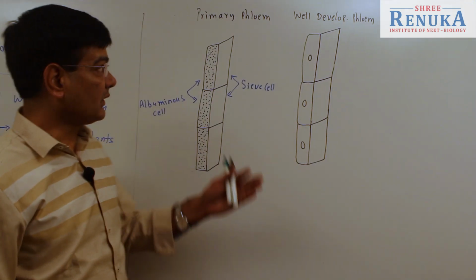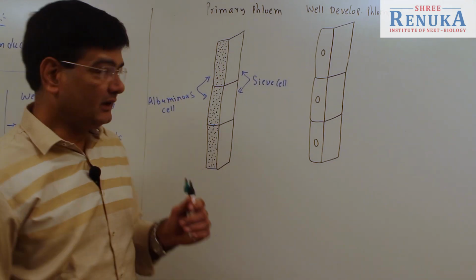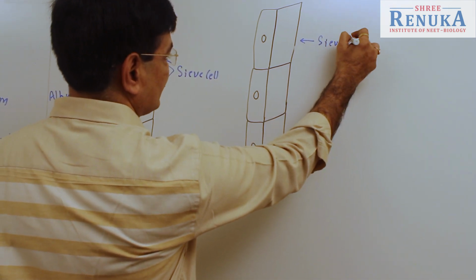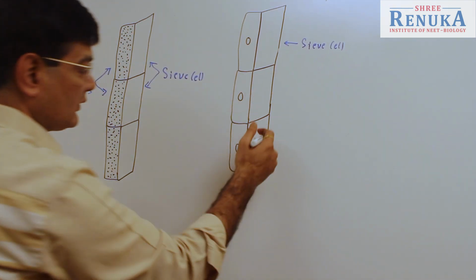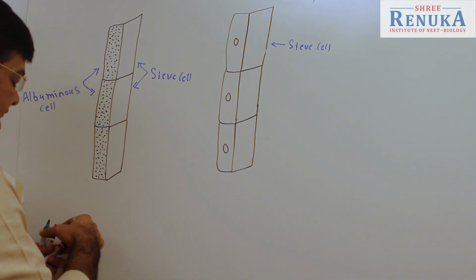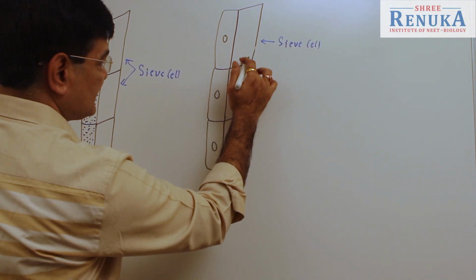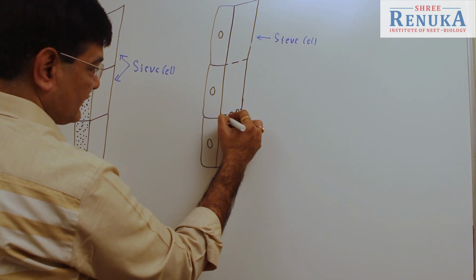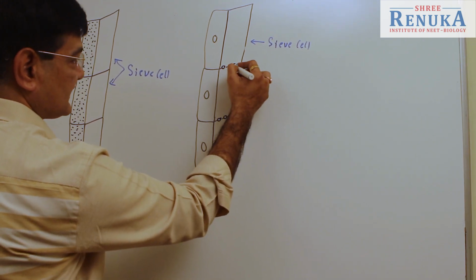Whereas, if we talk about well-developed phloem, in it, these all are sieve cells, which are arranged one above another. But when the lateral wall of this sieve cell becomes perforated, it means pores develop in it.